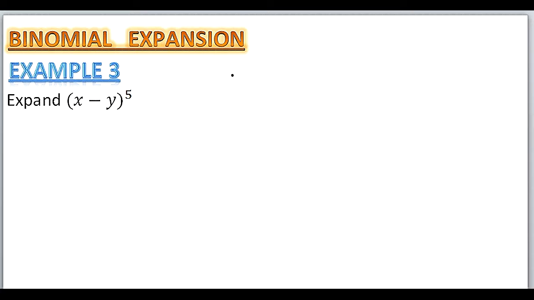In this example, you expand x minus y into bracket raised to power 5. So the coefficients are 1, 5, 10, 10, 5, and 1.